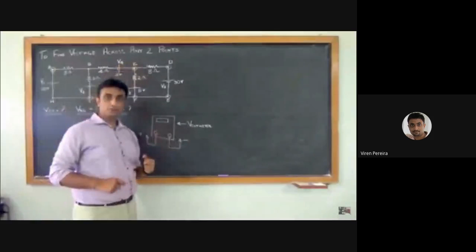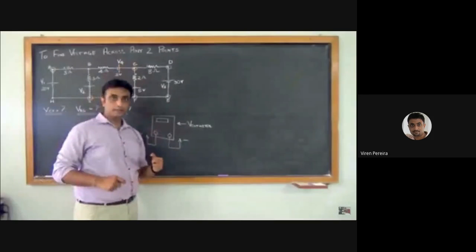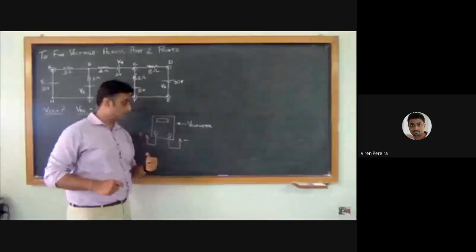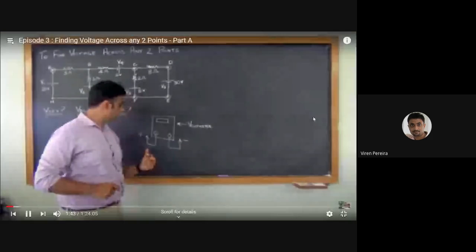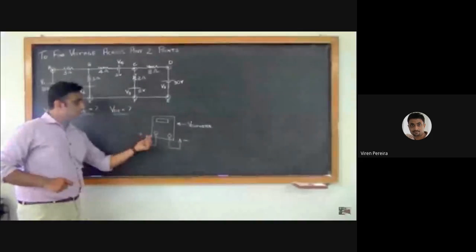Now a voltmeter has two terminals, as we know. It has the positive and it has the negative.